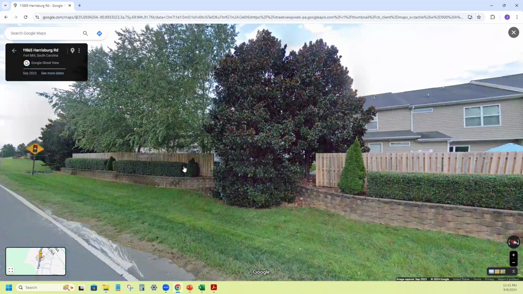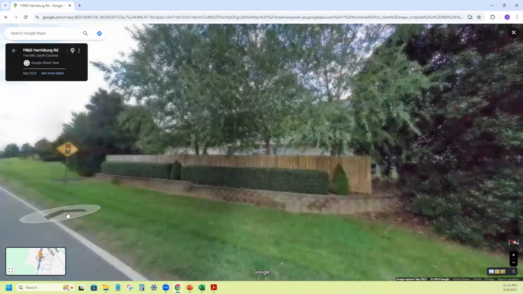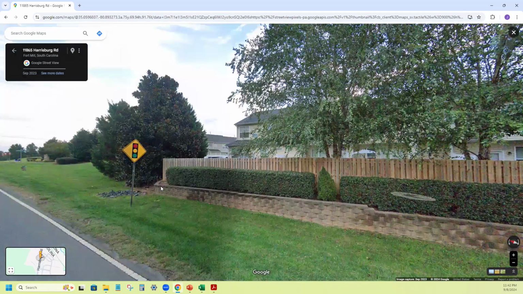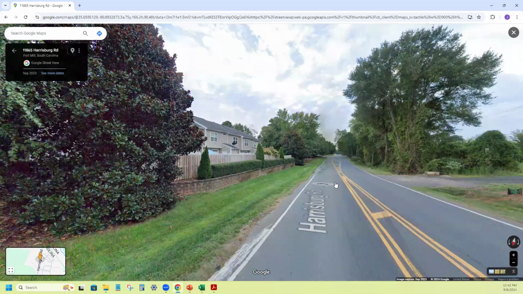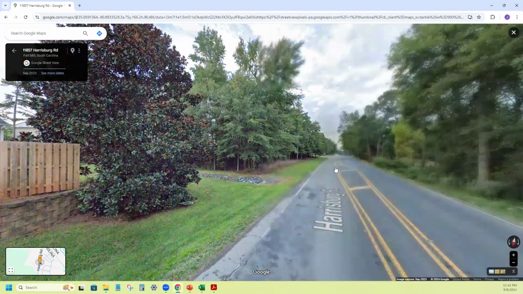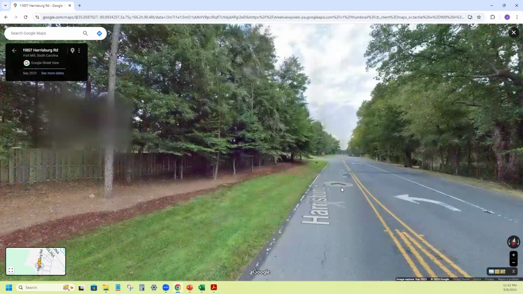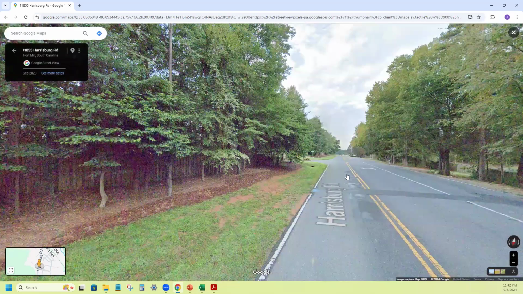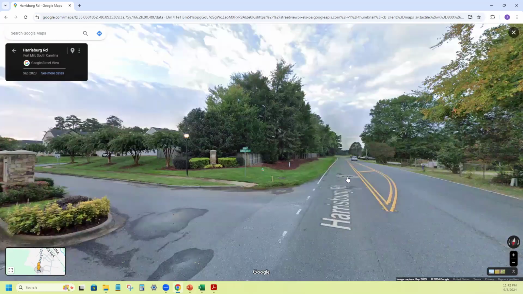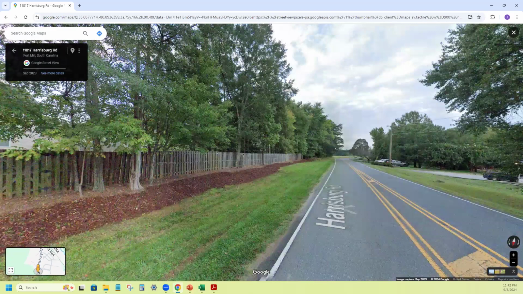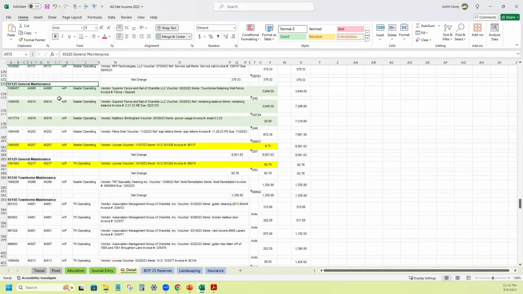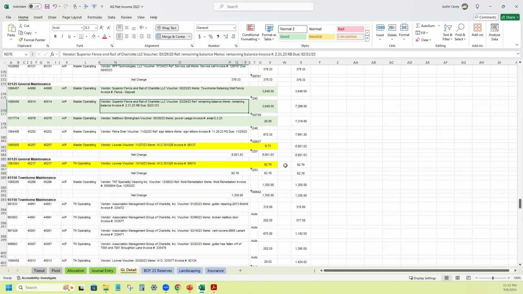These wooden fences along Harrisburg Road had to be replaced, it looks like in the early part of 2023. Because they're the same fence that runs along the length of the community along all of Harrisburg Road, any part of this wood fence along the entire length of the community would have been a common paid expense. And so the coding to general maintenance, therefore, is appropriate. This also looks like it was February, March of 2023.